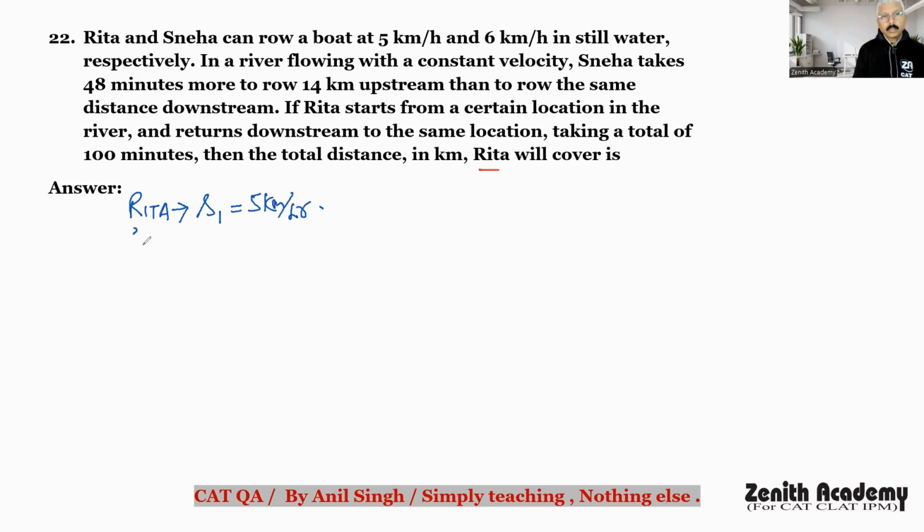And Sneha's speed in still water is S2, equal to 6 km per hour, in a river flowing with a constant velocity. Suppose the constant velocity of the river is C kilometers per hour.